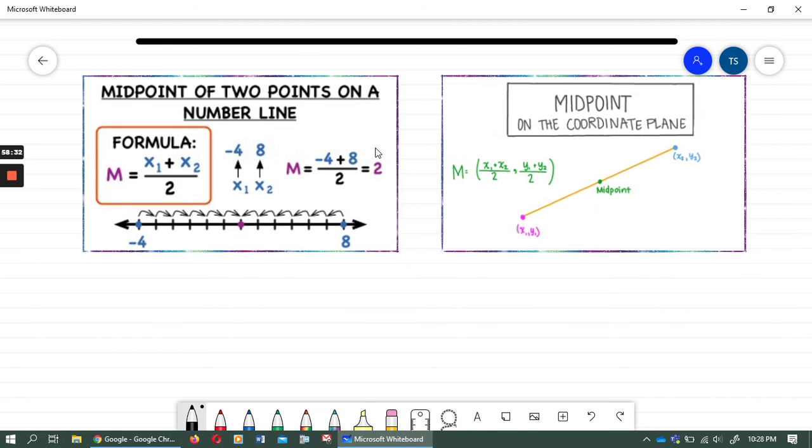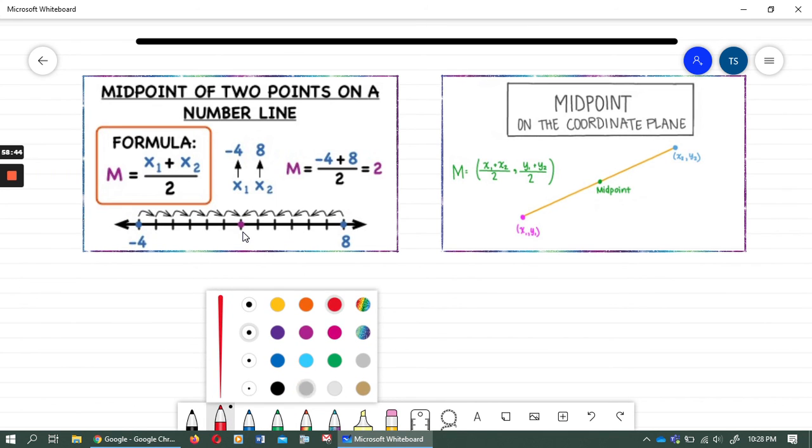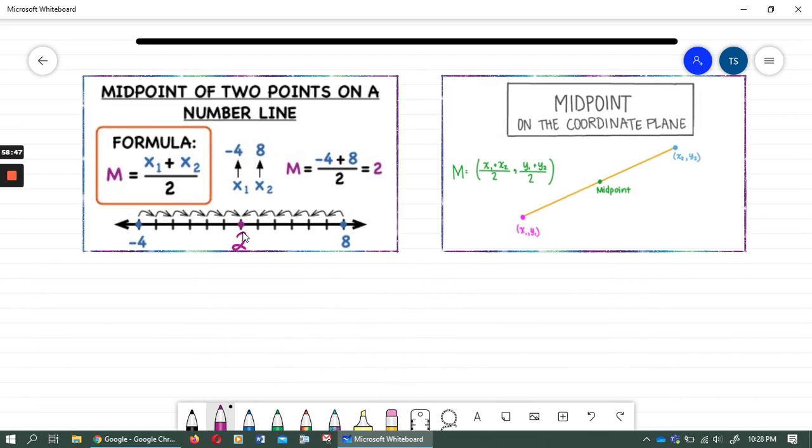So +4 divided by 2 gives you 2. And so the midpoint there, and I don't know why they didn't put that up there, I'm going to put it there anyway, would be 2.